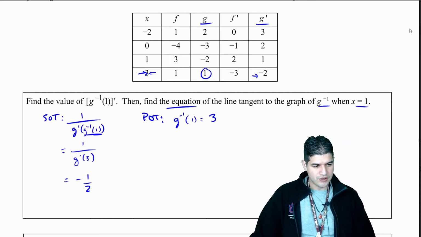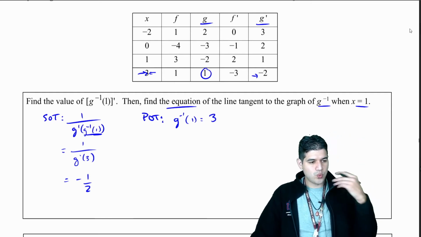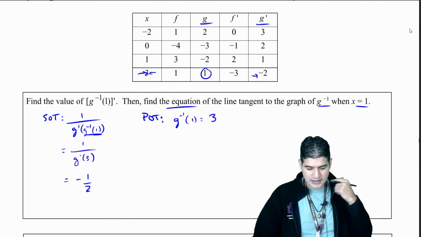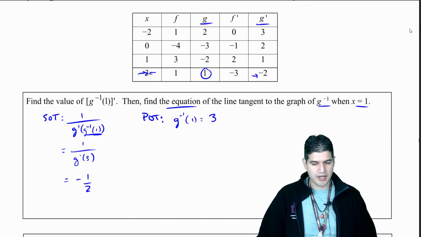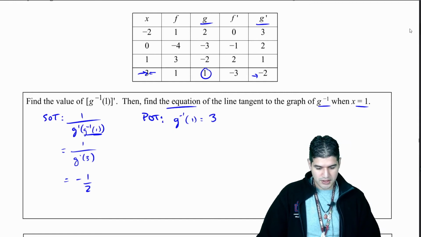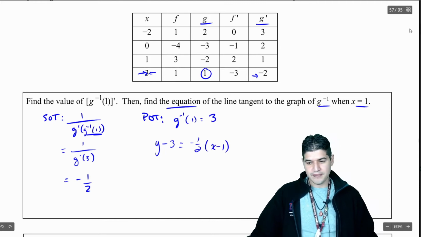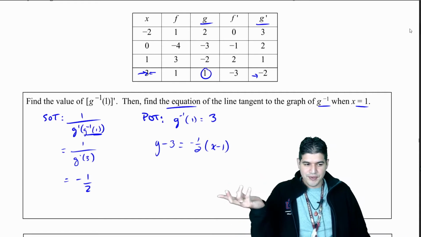So I just need to write down my equation of the tangent line, which is y minus 3 equals -1/2 times x minus 1. That right there is the equation of the tangent line.